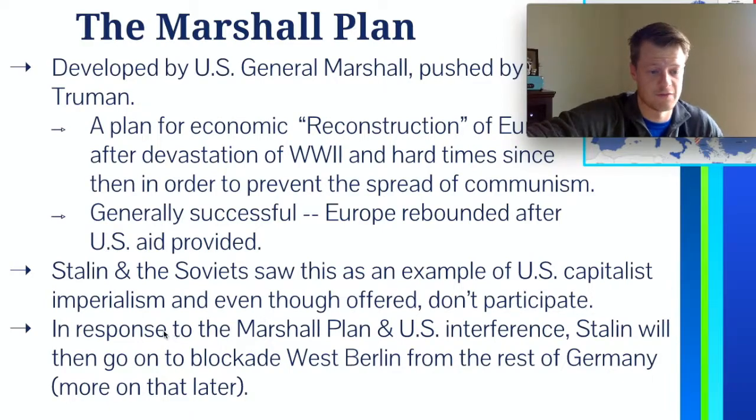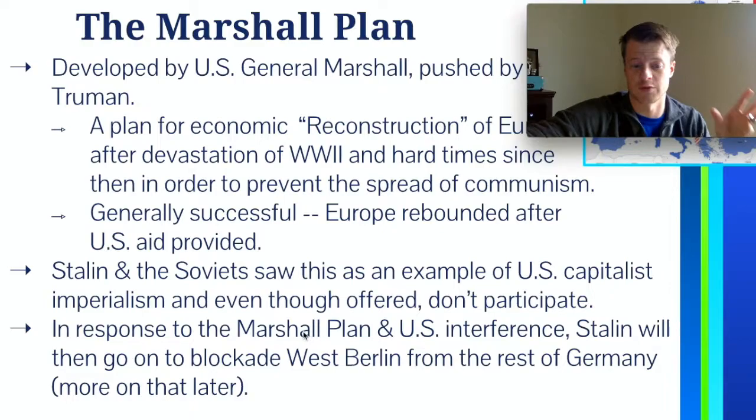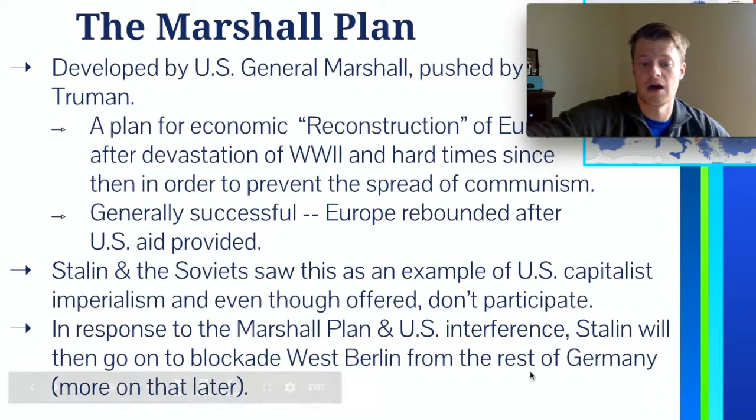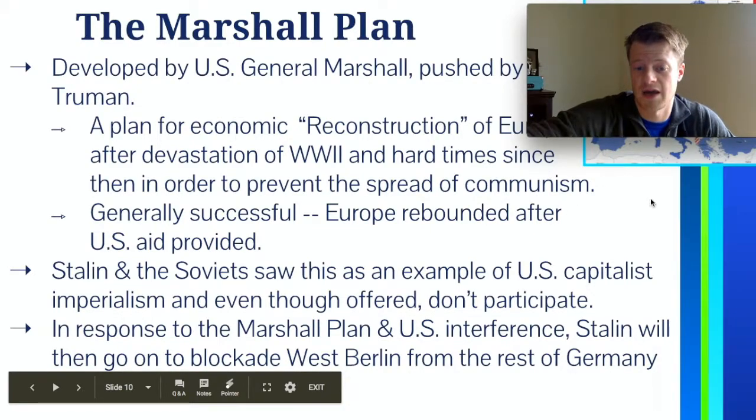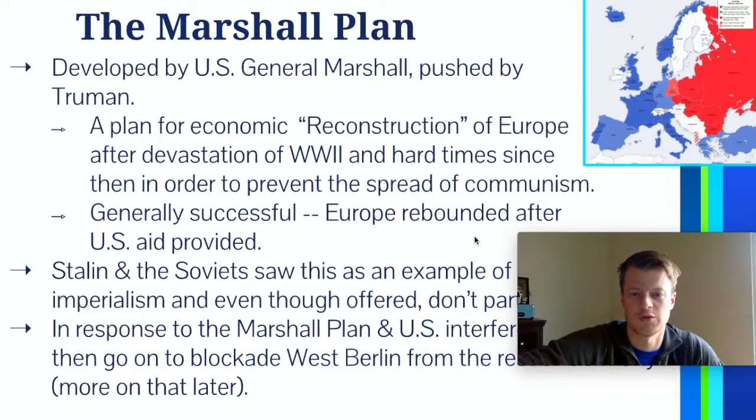So what happens eventually, and this will go on to our next activity, is that in response to the Marshall Plan and what Stalin saw as U.S. interfering in things, Stalin goes on to blockade West Berlin from the rest of Germany. We'll do some more on that later and talk about why and how the U.S. is going to respond to that.